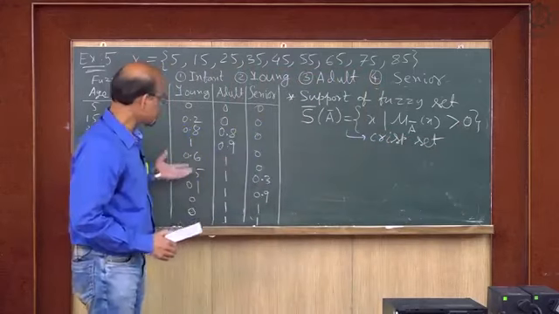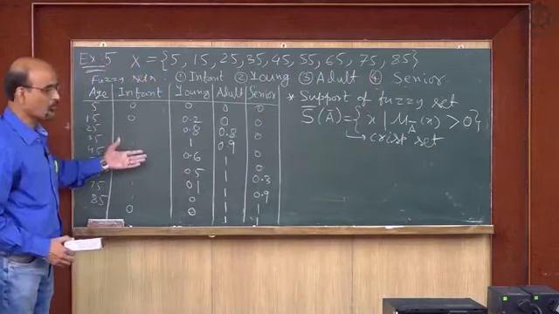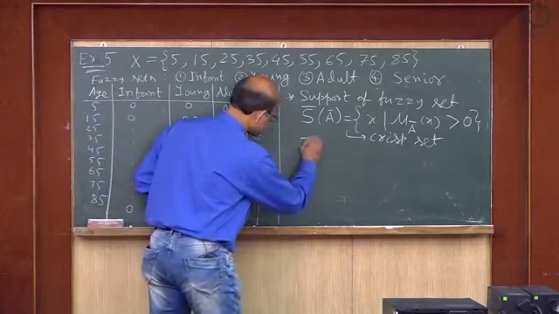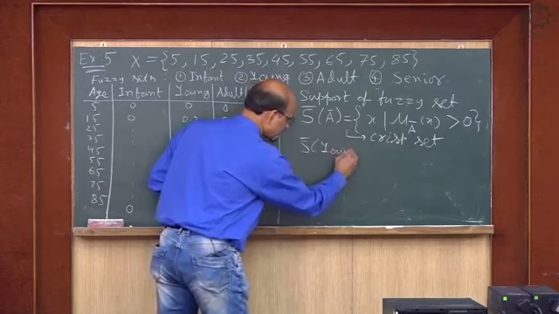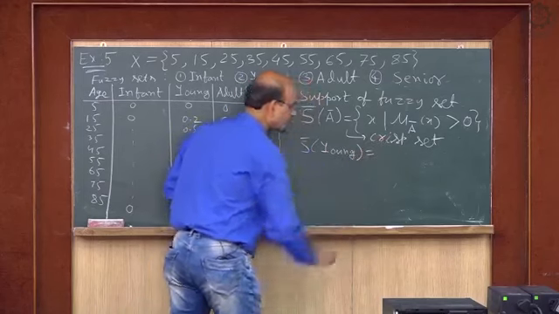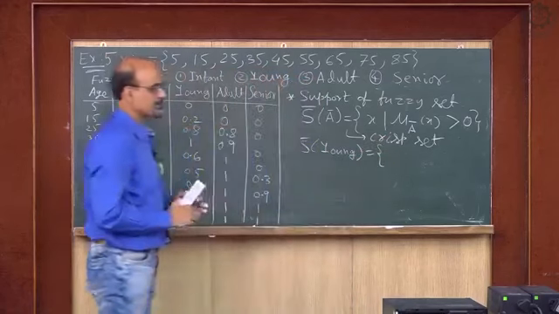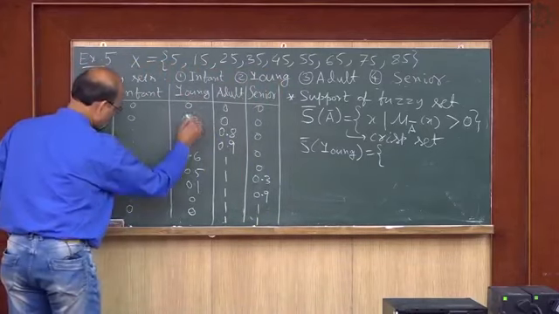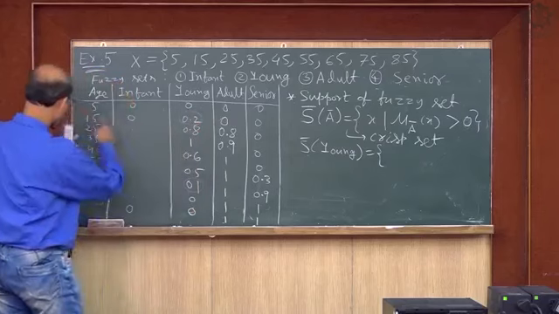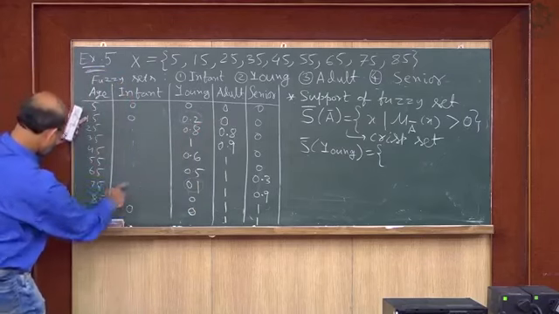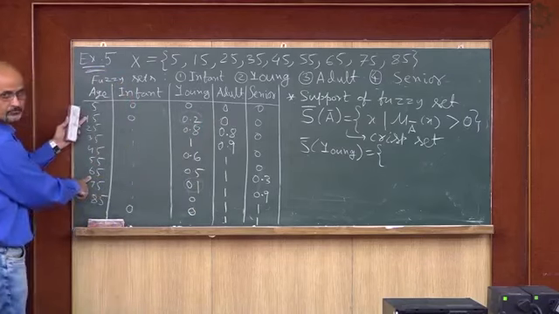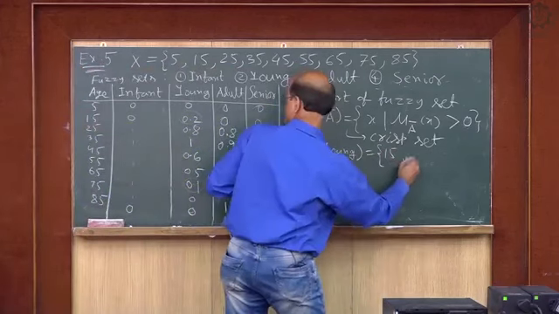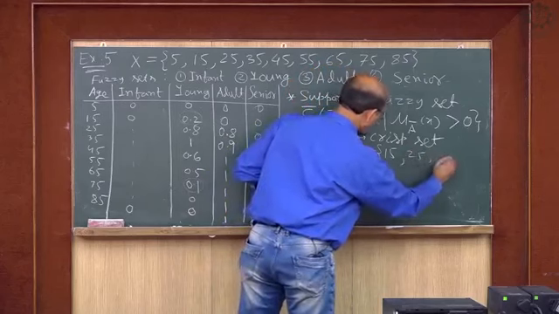Now let us see what is happening here. Support of Young, because Young is a fuzzy set. Support of Young is all values greater than 0, so it starts from 0.2 up to 0.1. So 0.2 is 15, and up to 65 I think. So it is 15, 25 up to 65.